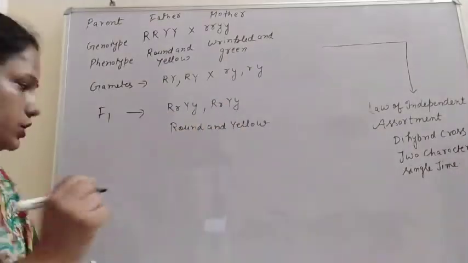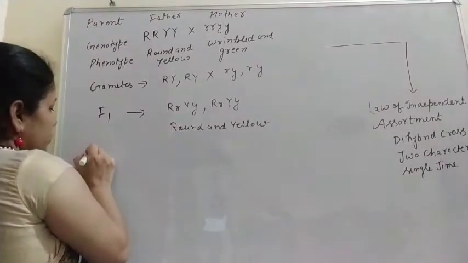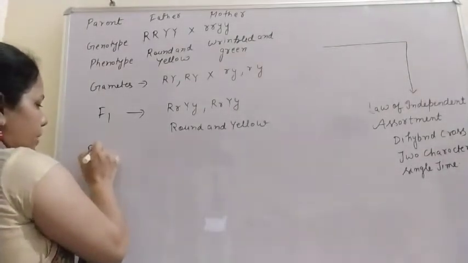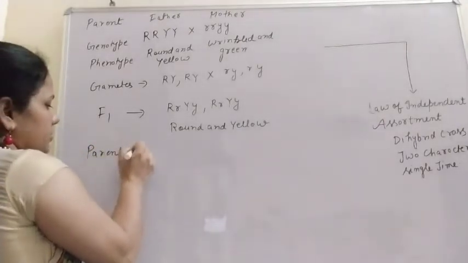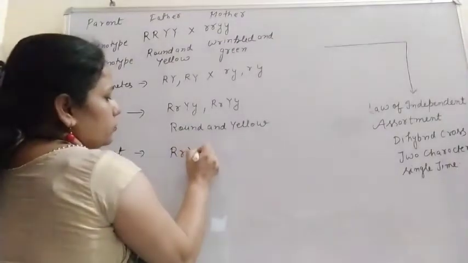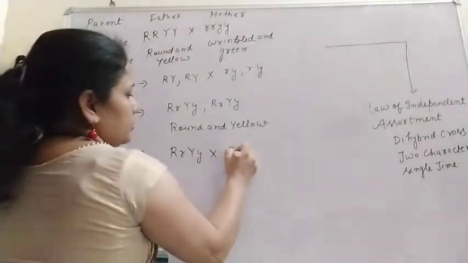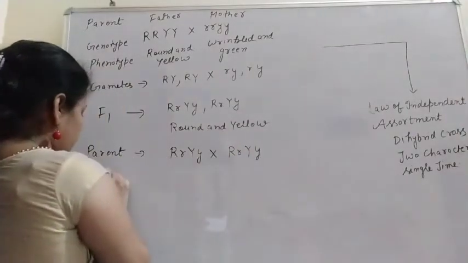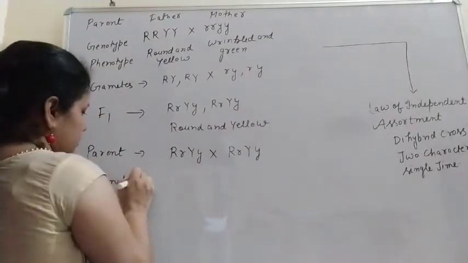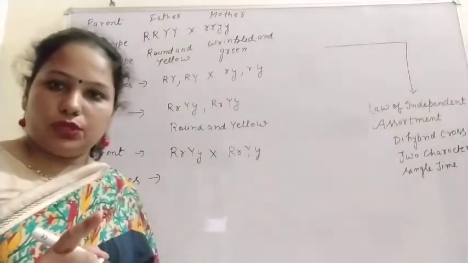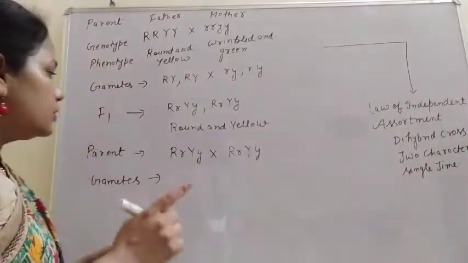Now in F2 generation, what do we have to take? Firstly, we have to take the parent, and these parents are the same, because we have to do the selfing here. Capital R, small r, capital Y, small y. And again we have to make the gametes. So now during the gamete formation, what happened?